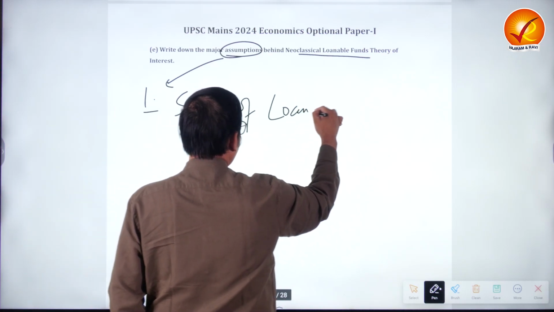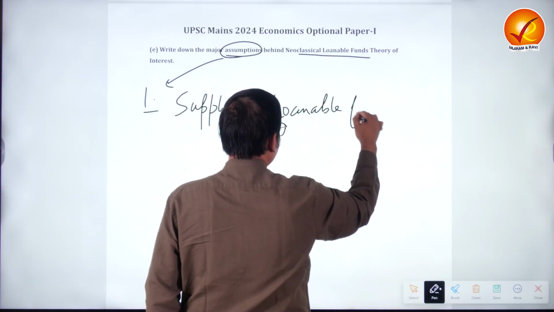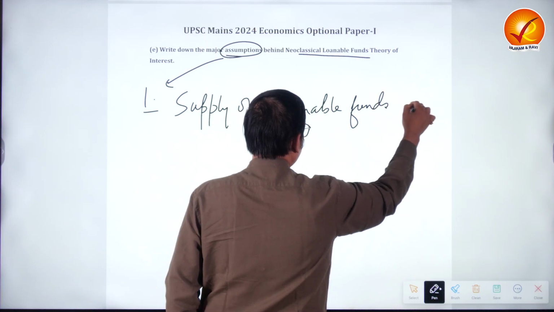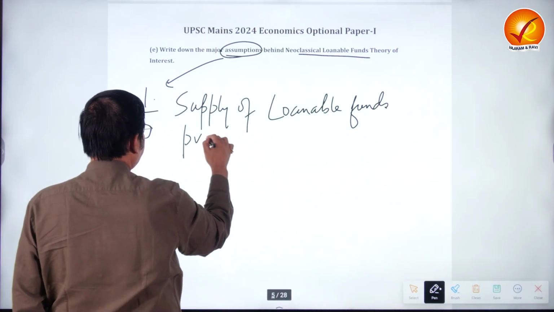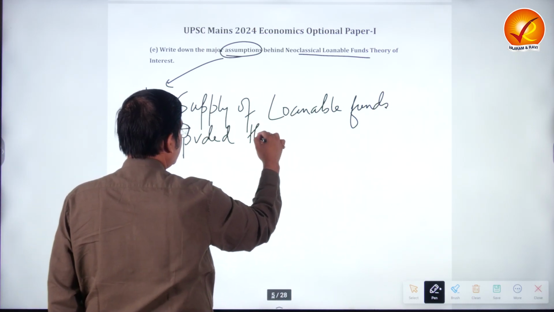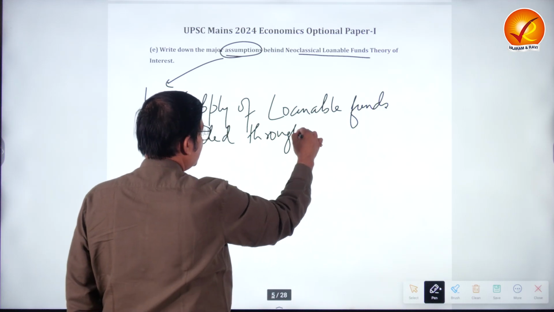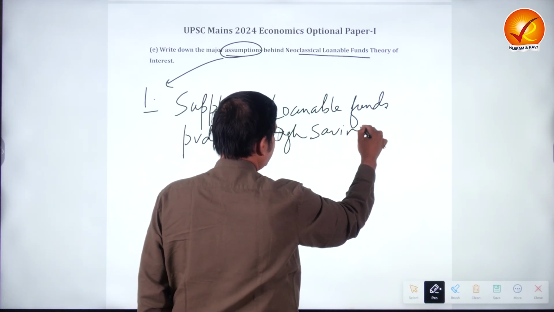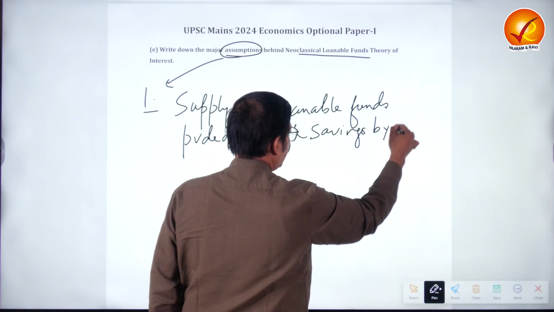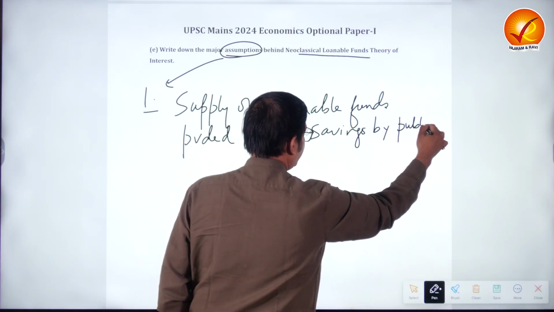the supply of loanable funds is provided through the savings by the public, mainly the households.